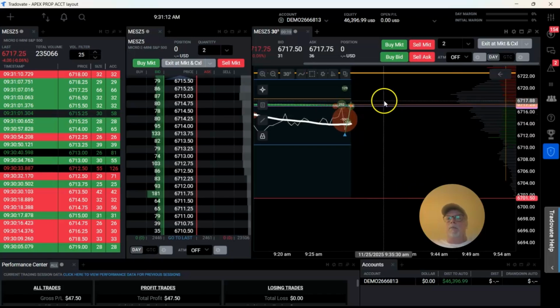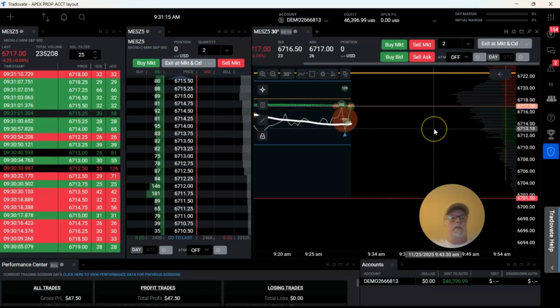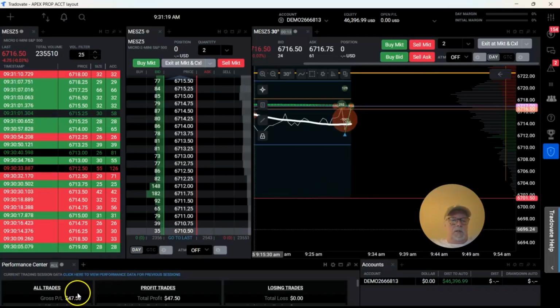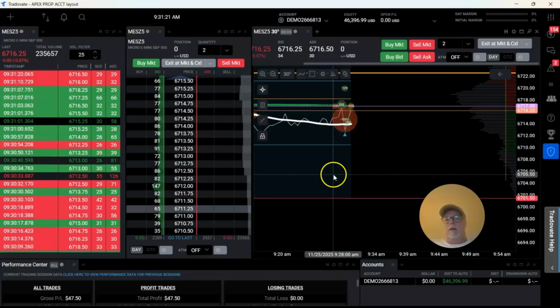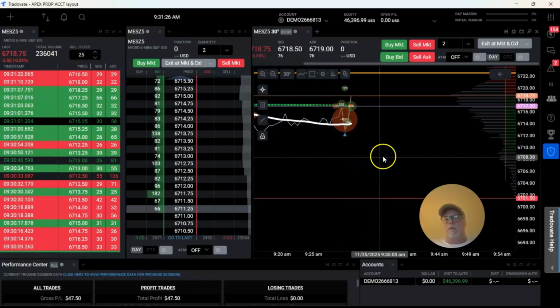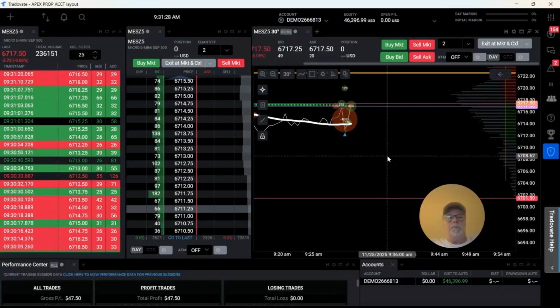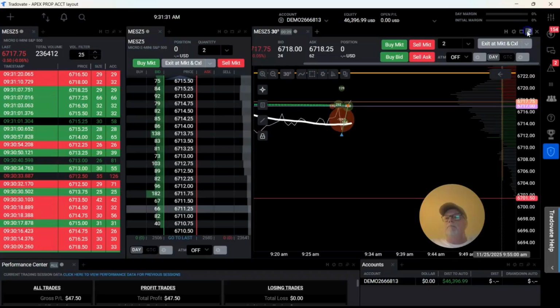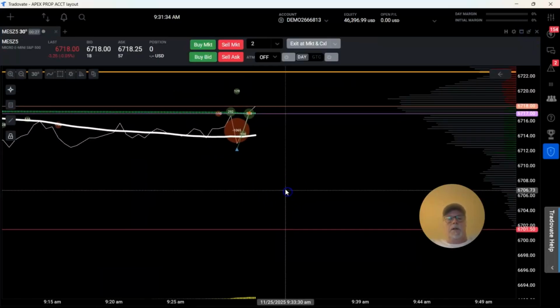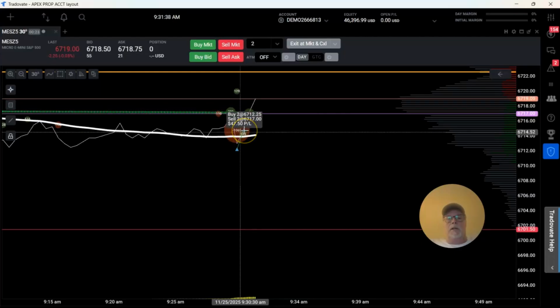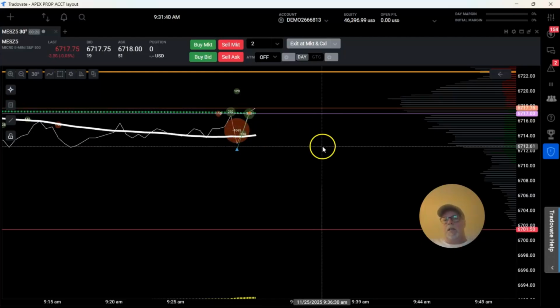It went back up to close to point of control. We took it, got a little momentum there. We got a little slippage to the good side. We're okay with that. And it's on to looking for the next trade. Okay, so from there to there, we made 47.50.